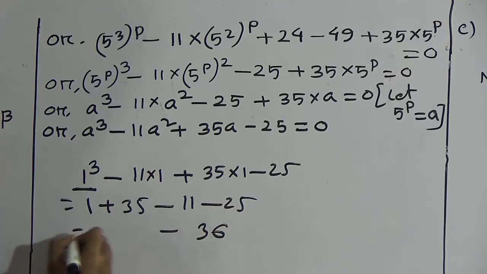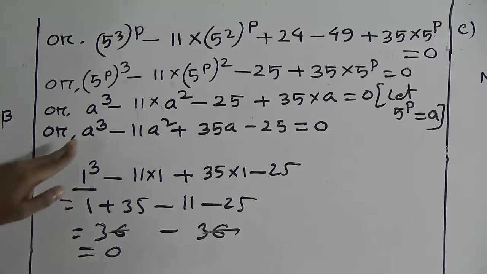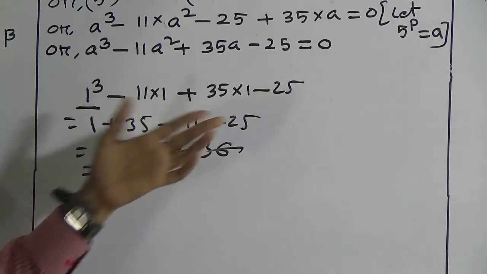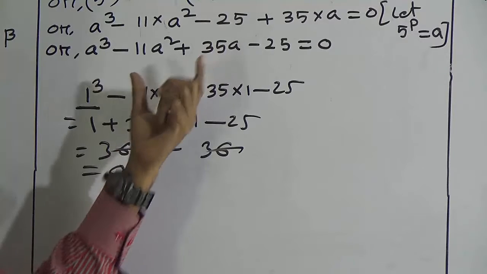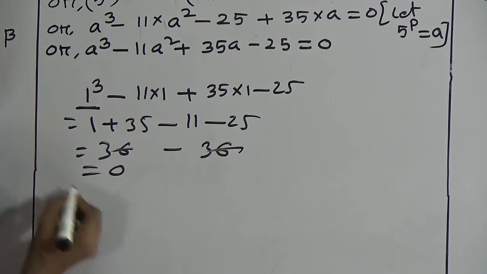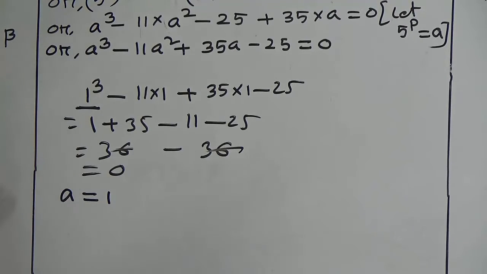That means 36 minus 36. That means if we put a equal to 1, then the value of this expression, that means the left hand side, is 0. Okay? Student, look here, I have put a equal to 1.